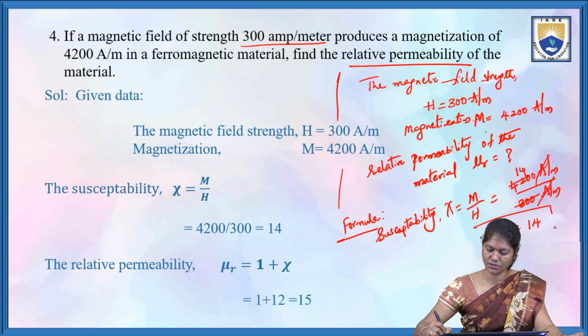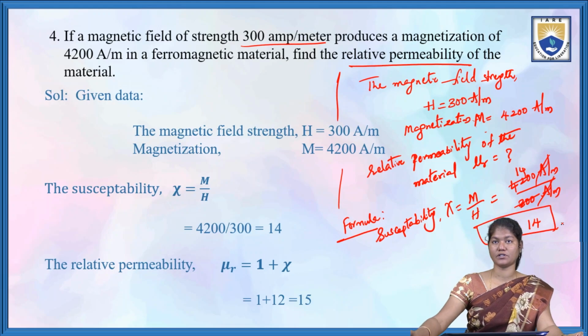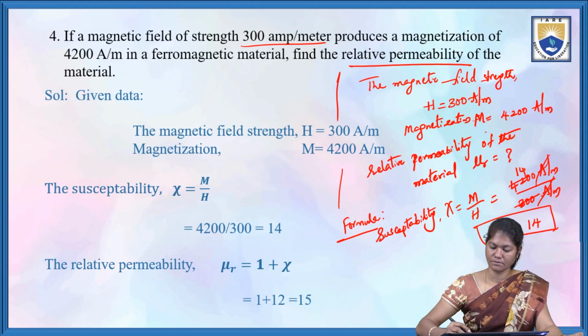So the magnetic susceptibility chi is equal to 14.